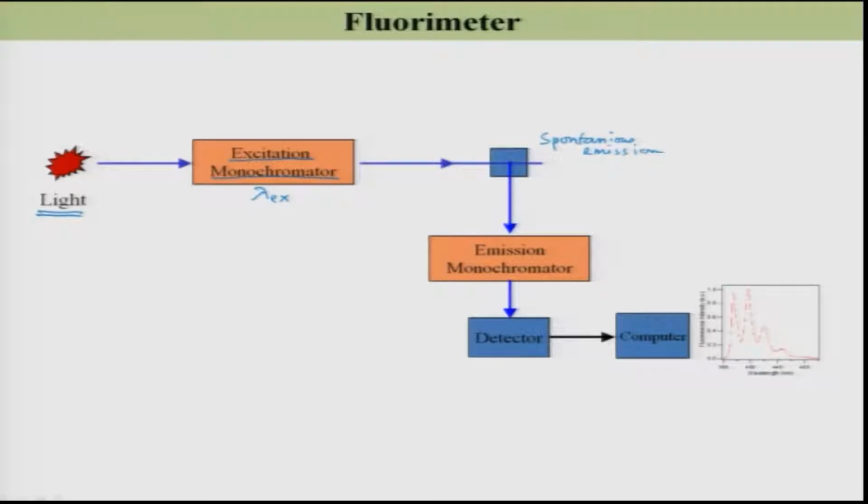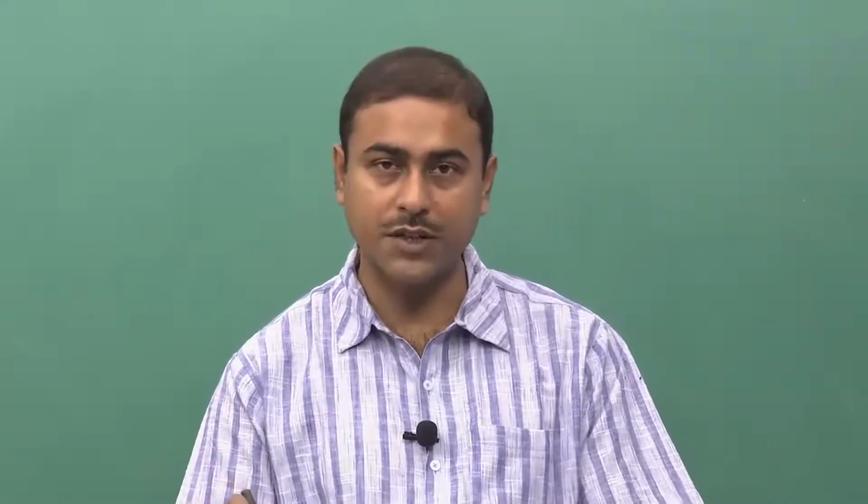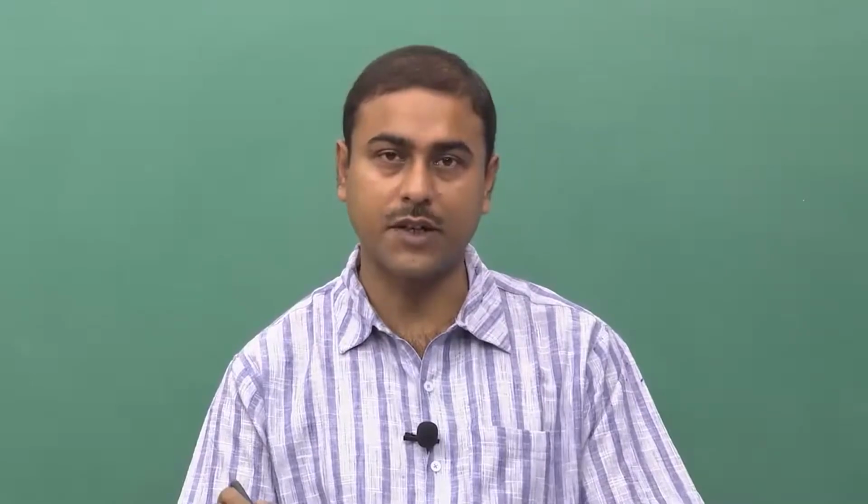But this emission itself is broad, for these molecules having different vibration levels and so on. So, to measure the intensity of a particular wavelength of emission, we need to again disperse the emission in a monochromator and detect the intensity at each wavelength individually by this detector.